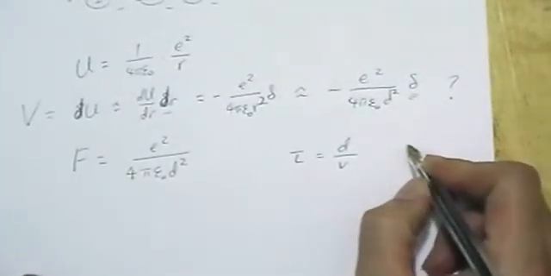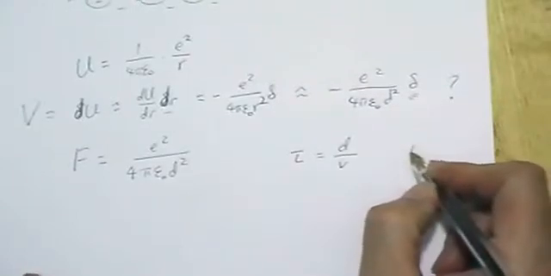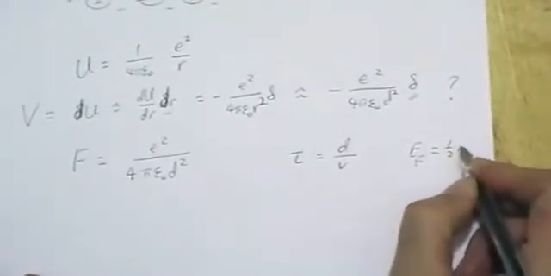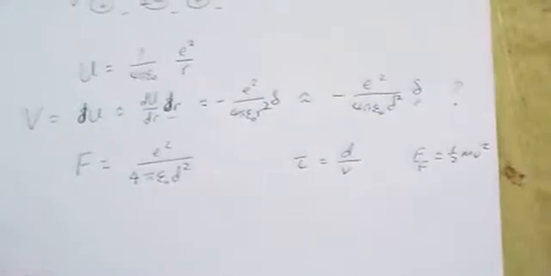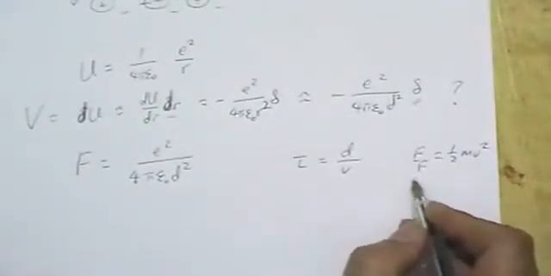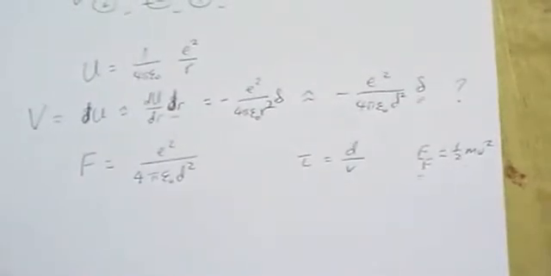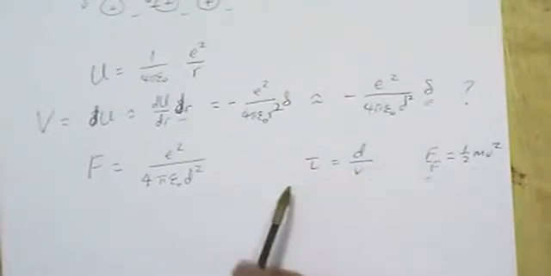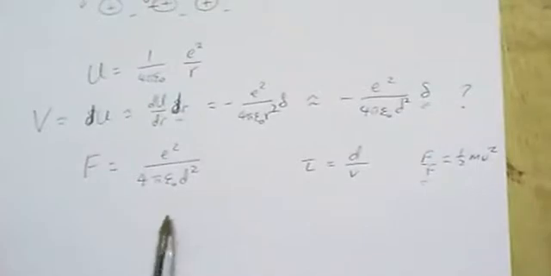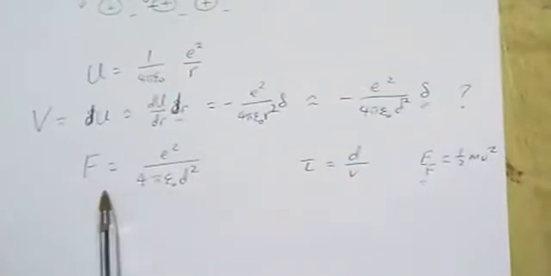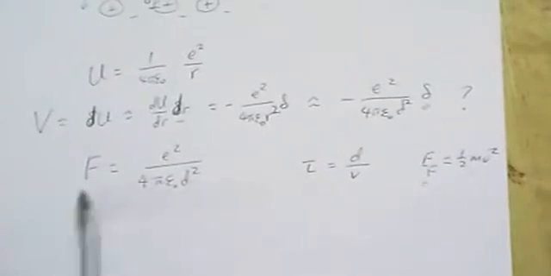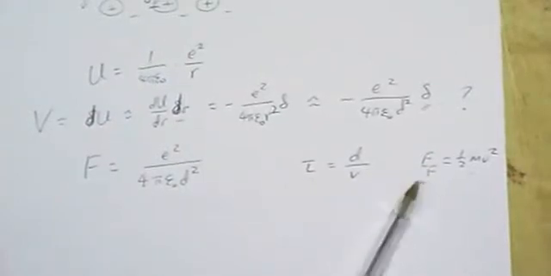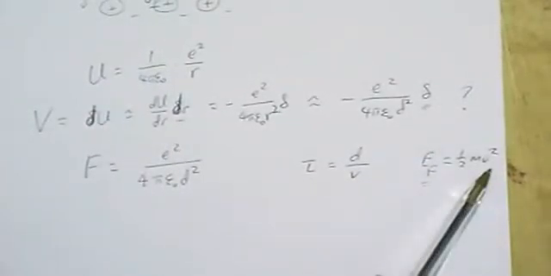Then the velocity would be related to the Fermi energy simply by half m v squared equals E F, because E F is just the kinetic energy of the electron. So what we have now is a way to calculate F, the force, tau, the time that it acts on the ion, and even v, the velocity of the electron.